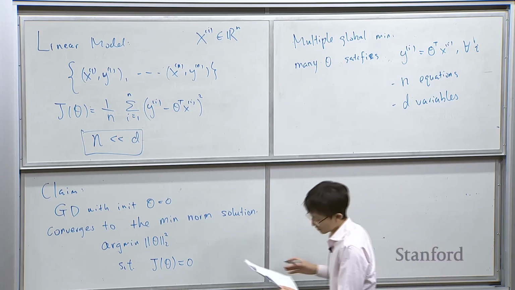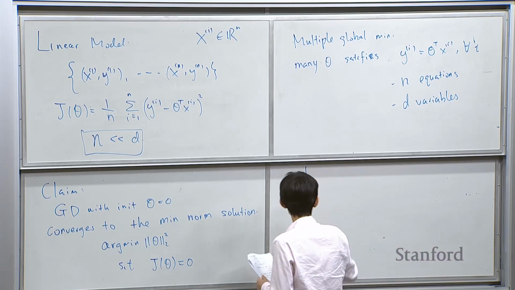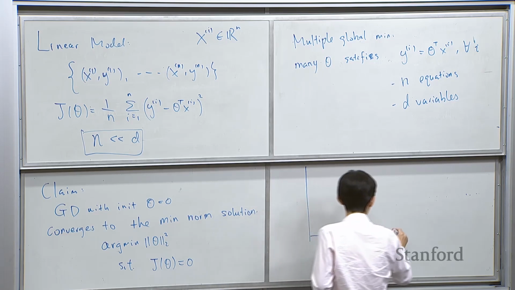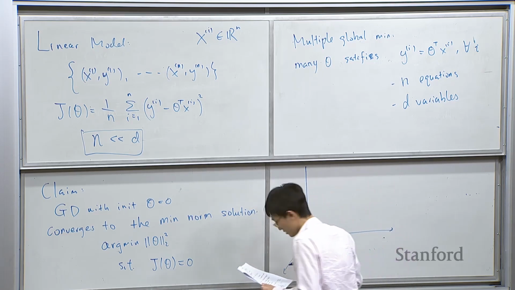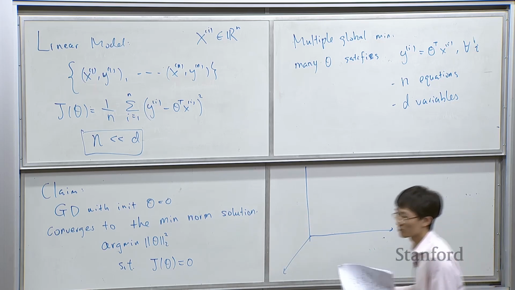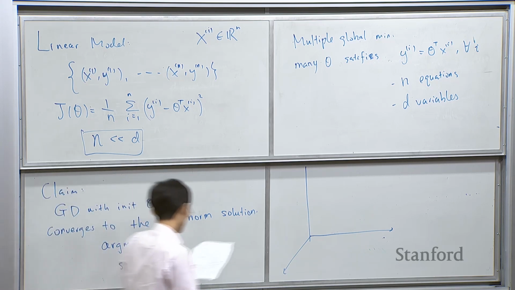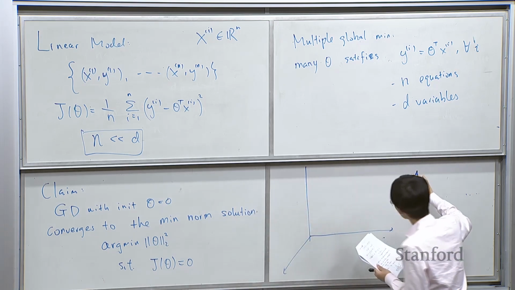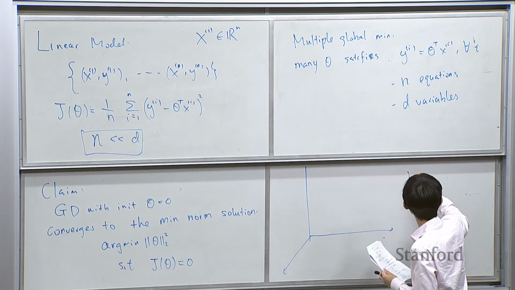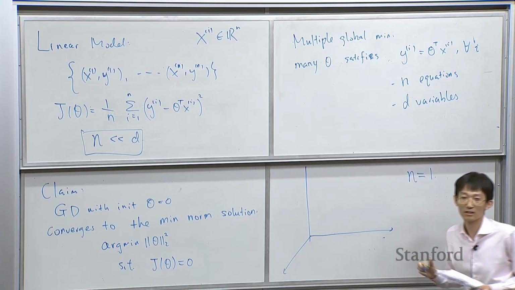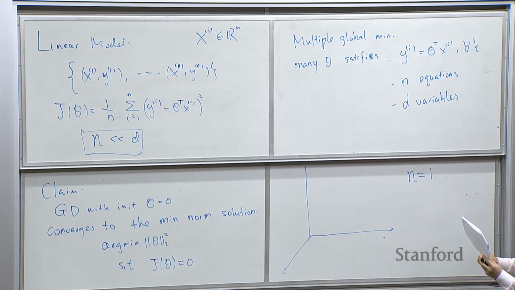I guess in some sense the intuition is the following. I'm going to try to draw this. Let's say you have n is 1 and d is 3.